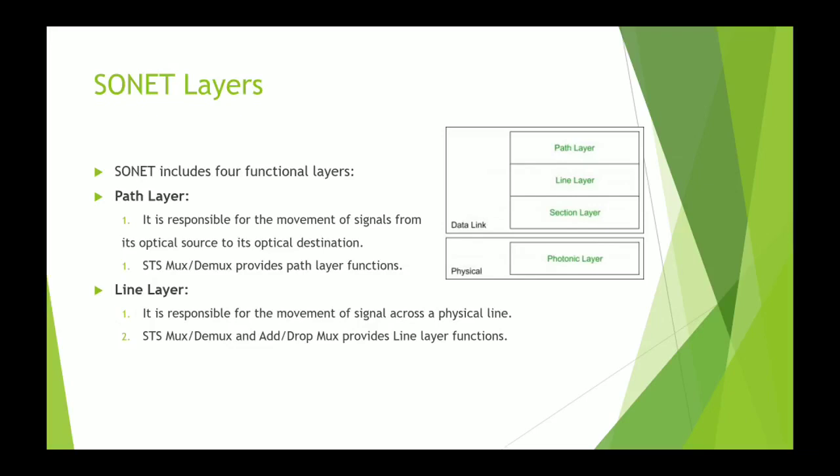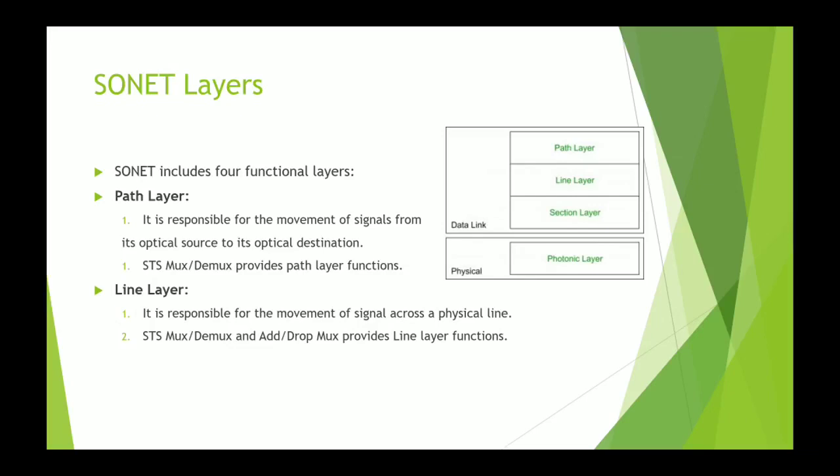Path layer is responsible for the movement of signals from its optical source to its optical destination. The movement of signals from source to destination is the responsibility of the path layer. The path layer functions are provided by STS multiplexers or STS demultiplexers.